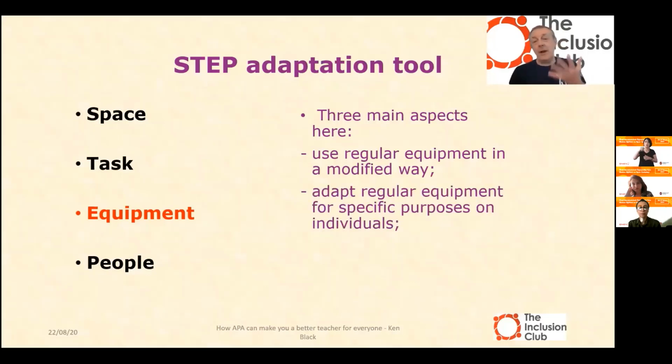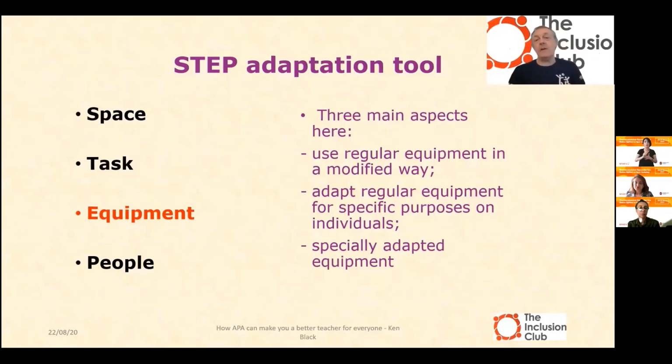Or we can adapt regular equipment for specific purposes and for the use by particular individuals. So we can take a regular piece of equipment, a bat, for example, and we can attach that bat physically to someone's hand if they've got absent grip or even an amputation. You can attach the bat to the arm. If they can move their arm, then they can use the bat.